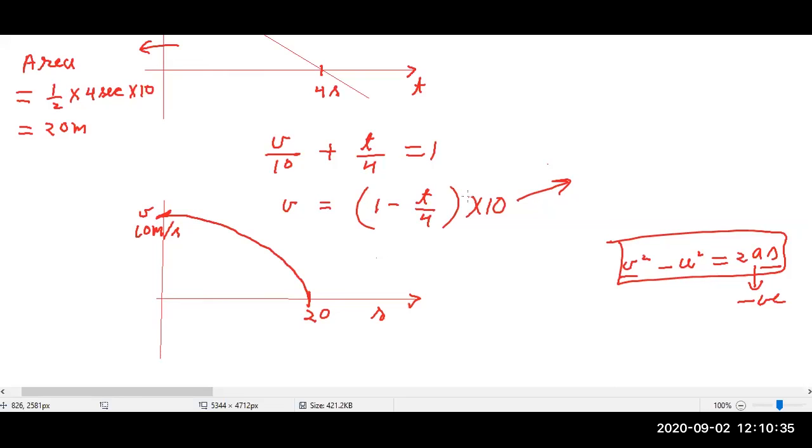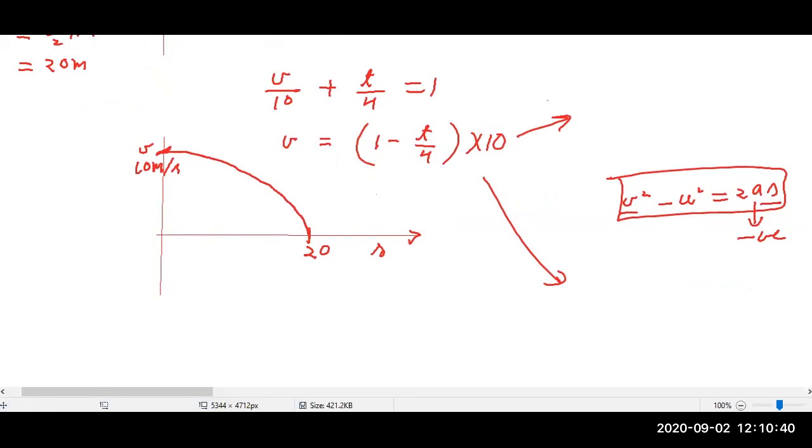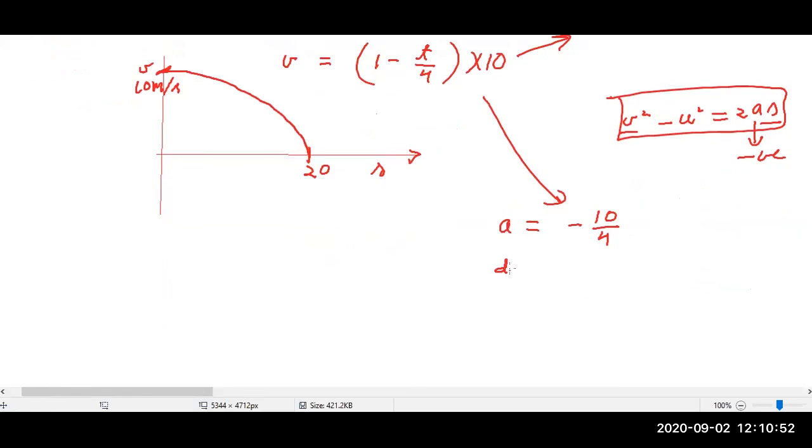So how to solve this one? This is also one method. For solving it, first we need to differentiate it and remove the time. So if you differentiate, it will become acceleration, and here it will be minus 10 by 4. Then this acceleration can be written as dv by dt, and then ds, this is minus 2.5.